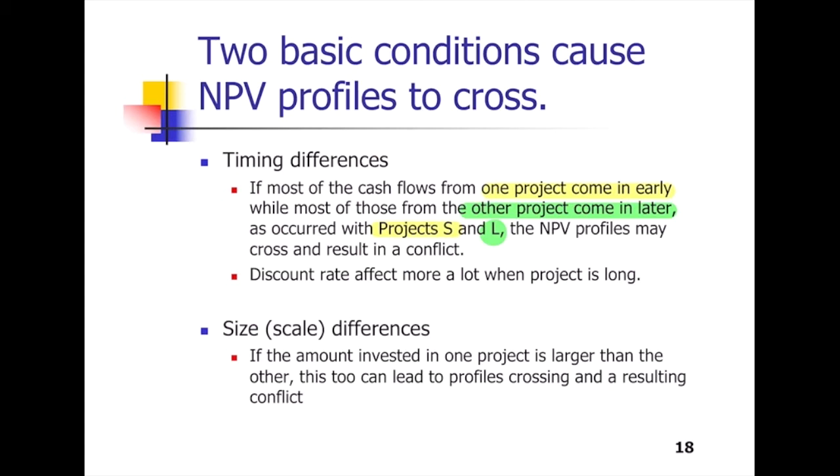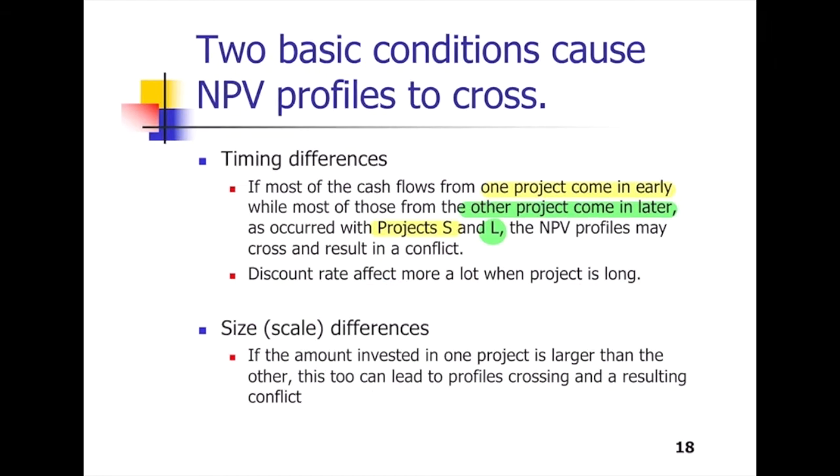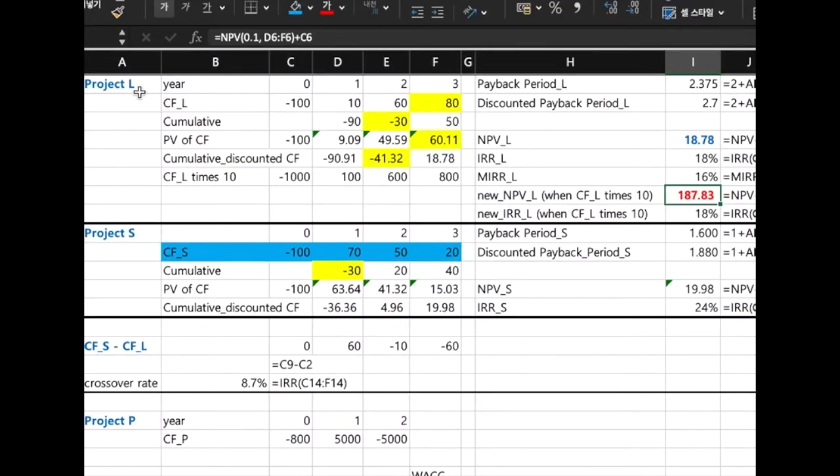MPV profiles may cross and result in conflict because the discount rate affects more when the project is longer. The second condition is size difference or scale difference. It means if the amount invested in one project is larger than the other, these two can lead to profiles crossing and result in conflict.